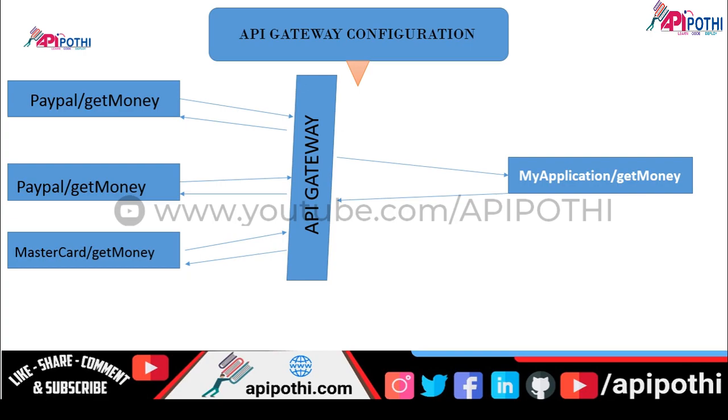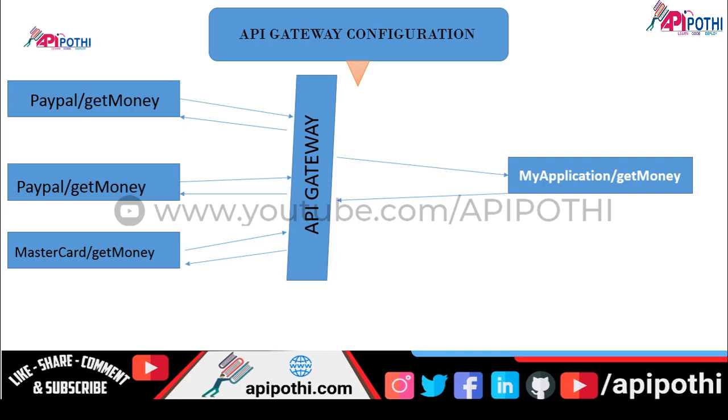Then how will this communication happen? Unless the request mapping happens properly, PayPal or MasterCard won't be able to get a response from application B. B will throw an error saying 404, 500, whatever status code it has set. But in between, the API gateway comes into the picture.